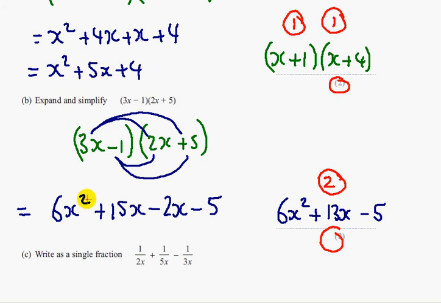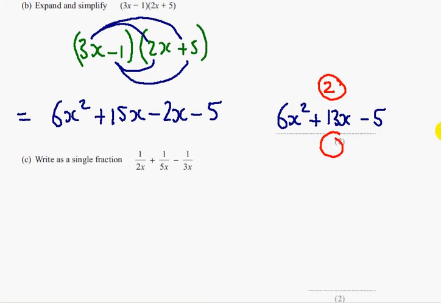You get 1 mark for 3 out of 4 terms including signs. So if you got 3 of these correct, you get the first method mark. If you got all 4 right but you messed up the signs, then you would get 1 mark as well. If you got this final answer, which is perfectly correct, then you get 2 marks.